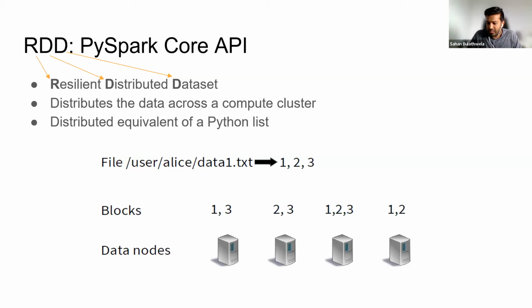As a Python veteran, you can imagine this as the distributed version of a Python list. You have the same type of a collection of bits, but it's not in a single RAM in a computer. It's spread across multiple computers now.